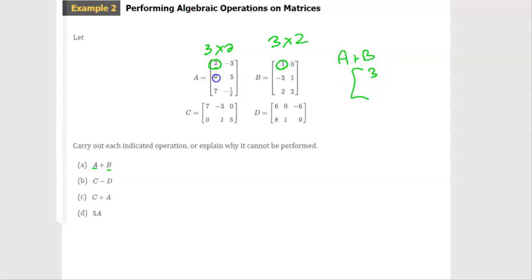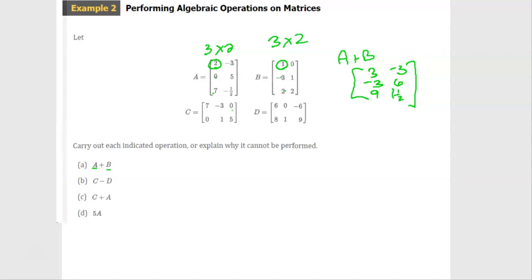Then this entry with that entry would be negative 3, and 7 plus 2 would be 9. The same thing with the next row: negative 3 plus 0 is negative 3, 5 plus 1 is 6, and negative 1/2 plus 2 is 1.5. That would be the matrix, and notice it's still the same size, a 3 by 2 matrix.